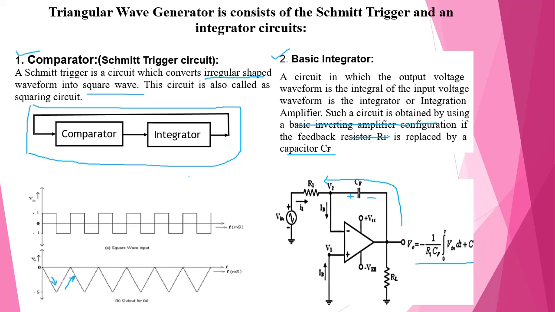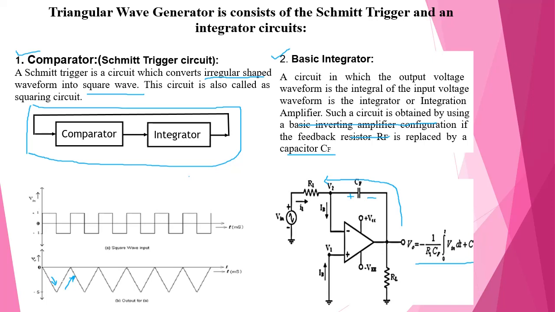During the negative half cycle, what happens? The capacitor will be discharged. The capacitor discharges through R1.